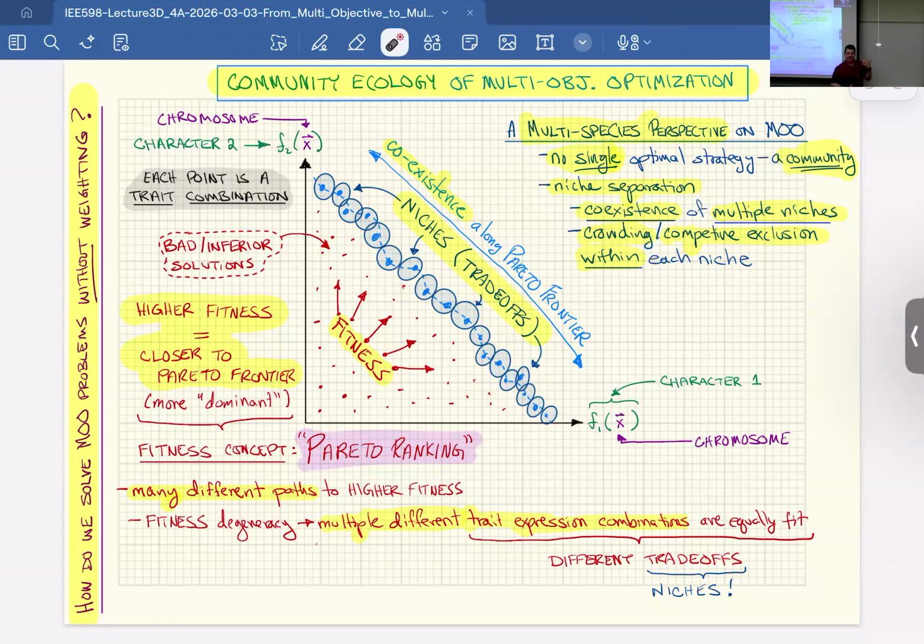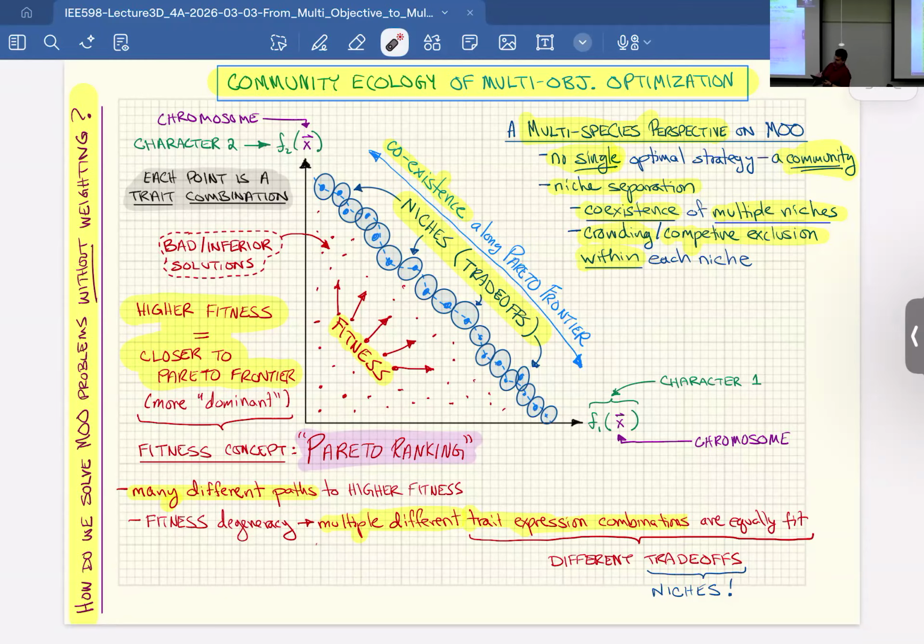A sloth can coexist with some high-speed predator. Those two have very different strategies, but they both exist in the same habitat, with the same selective pressures, because they trade off different objectives differently. So when we refer to niches, we refer to different balances, different trade-offs.